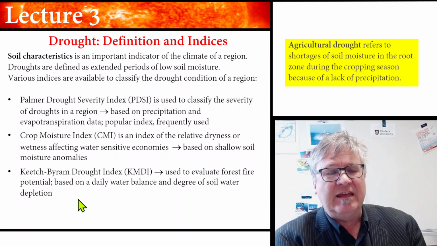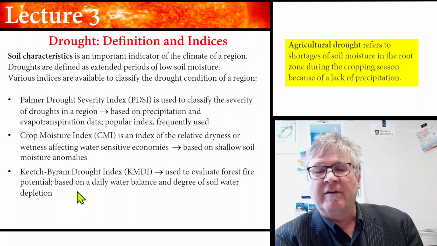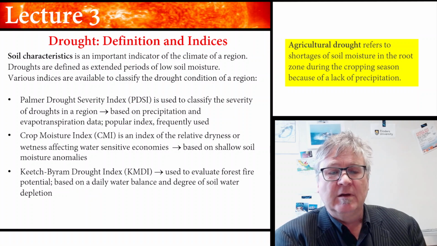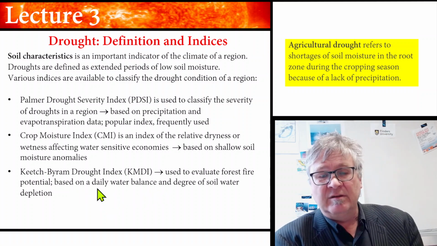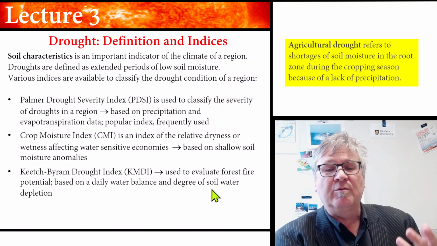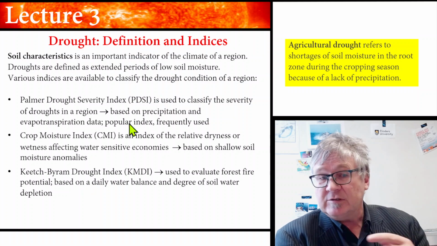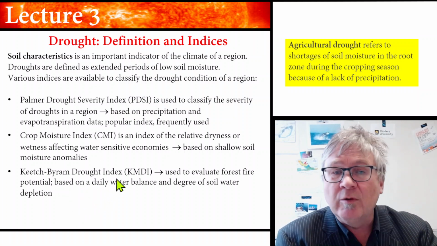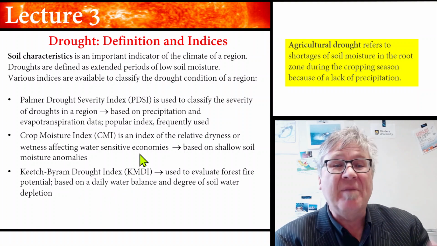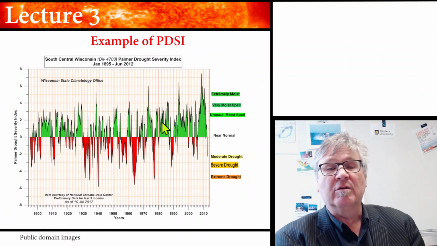And there's also the Keetch-Byram Drought Index, used to evaluate forest fire potential, also based on daily water balance and the degree of soil water depletion. So you can see that these indices all rely on surface water balances. Okay, I'll show you one example. How does it look?